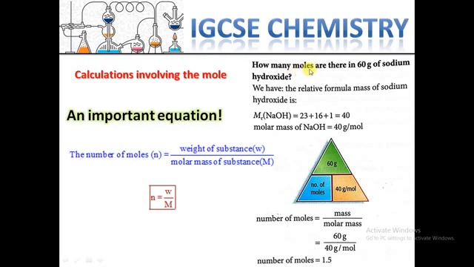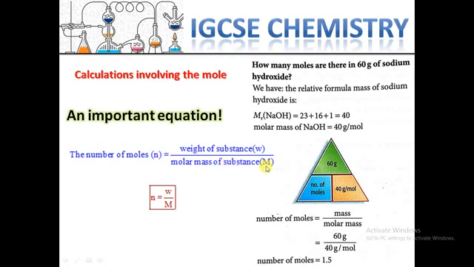How many moles are there in 60 gram of sodium hydroxide? As we know, the formula of sodium hydroxide is NaOH. Okay. Previously we learned how to count the molar mass.